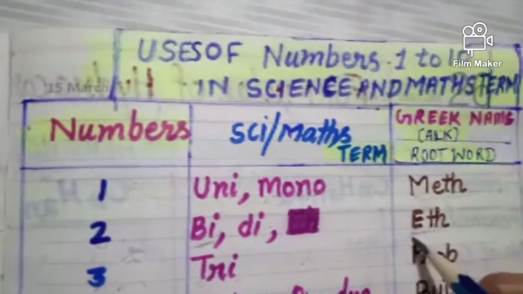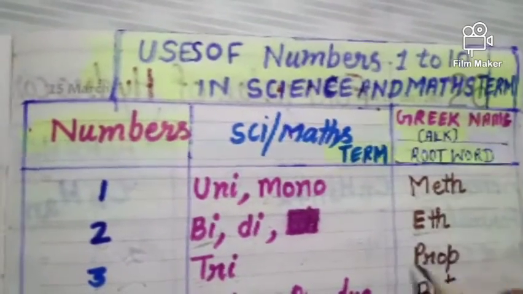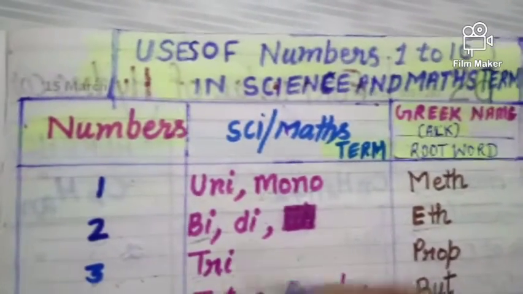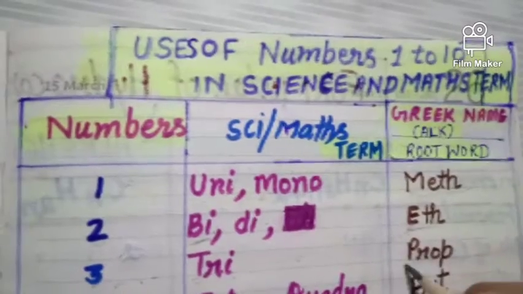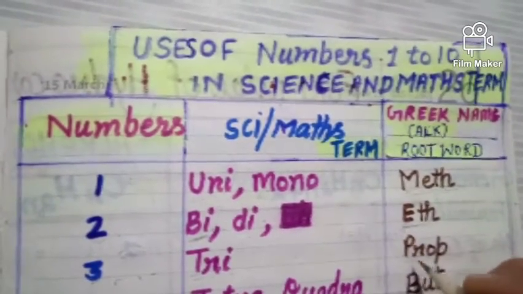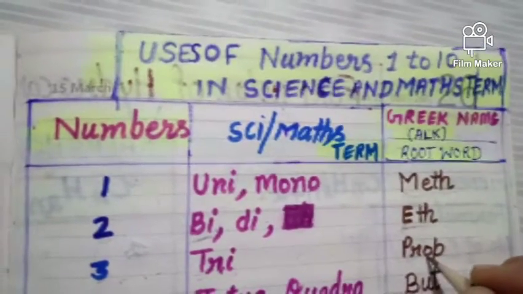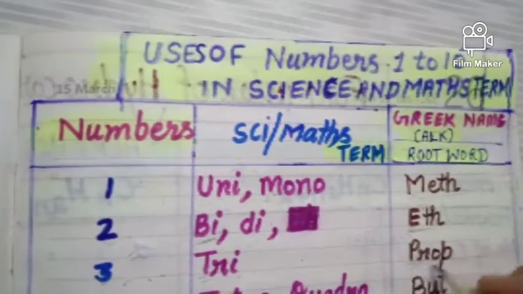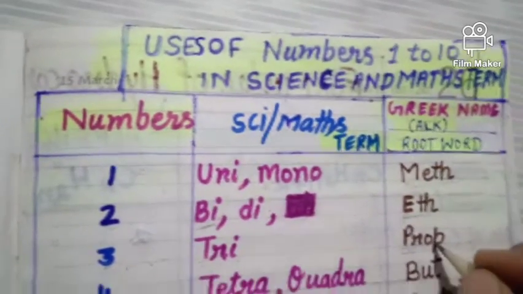And in the hydrocarbons, the root word prop is used for the number 3. Prop means a hydrocarbon having 3 carbon atoms.